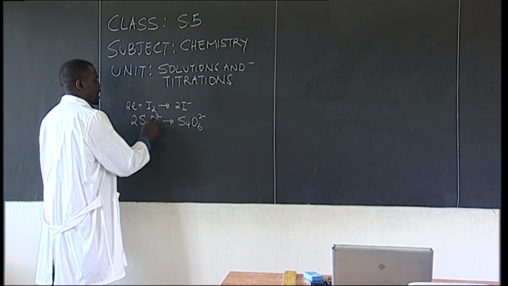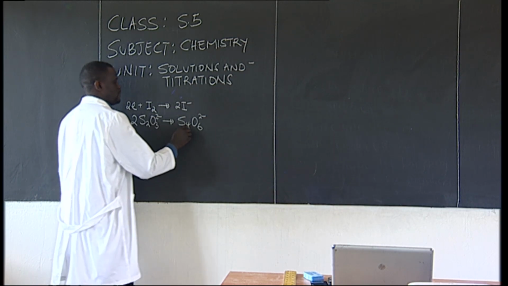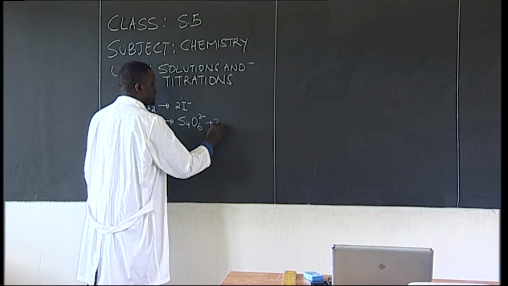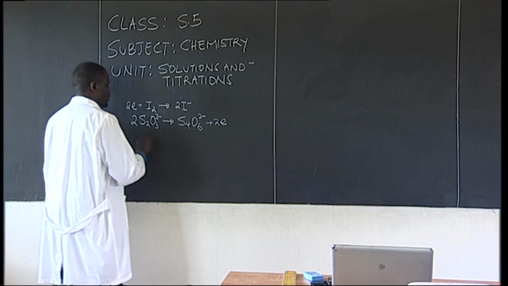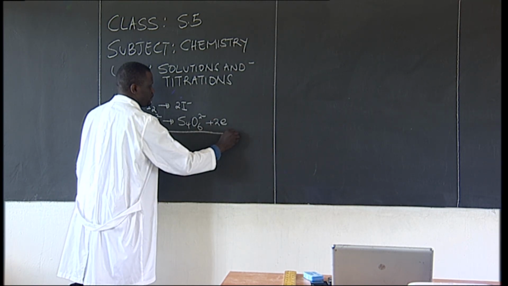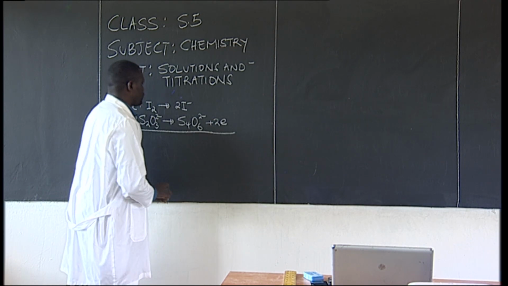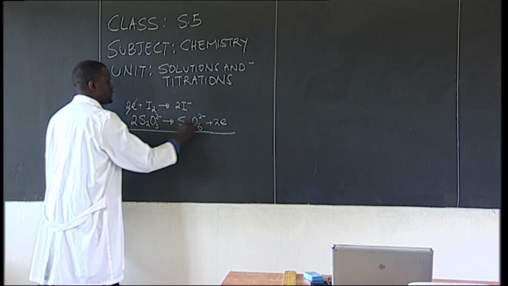Observe here we have 4 electrons. So to make this side 4, we add also 2 electrons. So we can add them, and as we add, we cancel out the electrons.